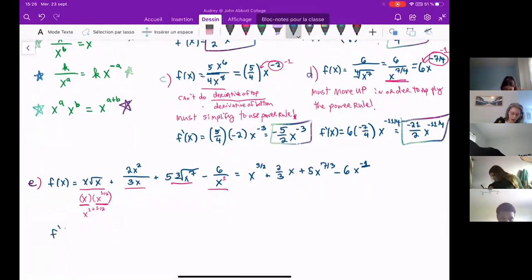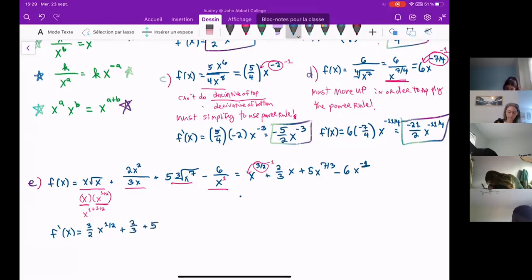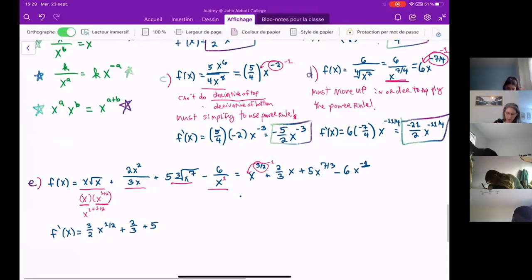So then I'll have f prime of x, and now I'm just gonna apply my power rule to each one. So I'll have 3/2 x to the 1/2. I'm bringing the 3/2 down, and I'm subtracting 1. What's the derivative of 2/3 x? It's the second rule we saw today. You got it, Claudia. It's just 2/3. So plus 2/3 plus 5. I'm bringing that 7/3 down.